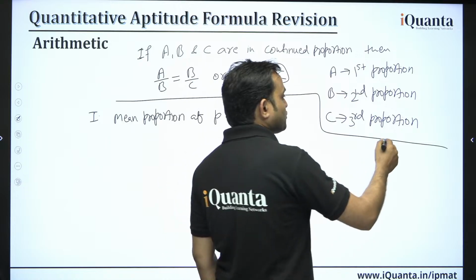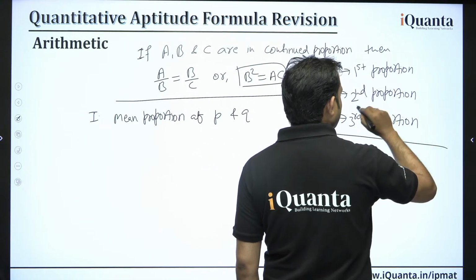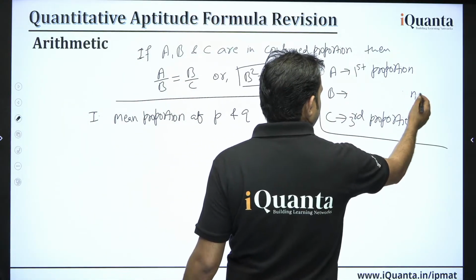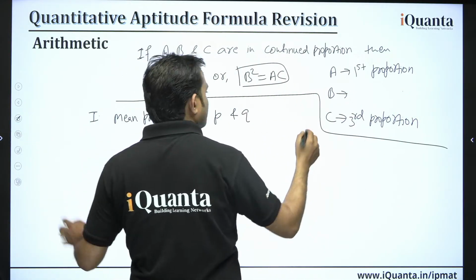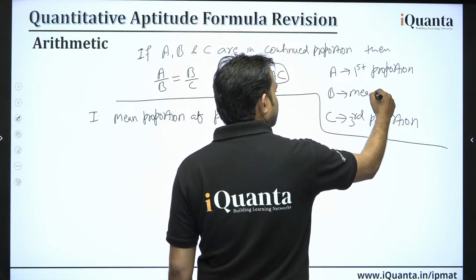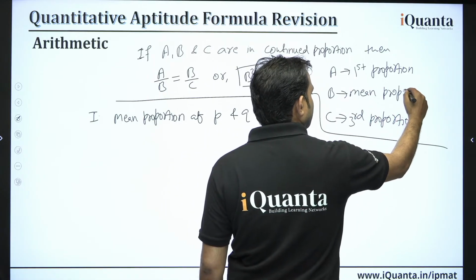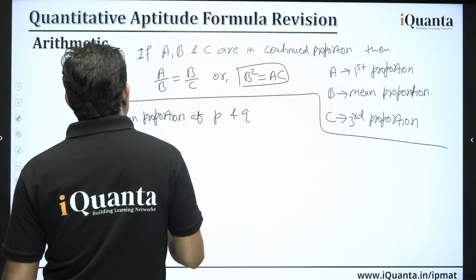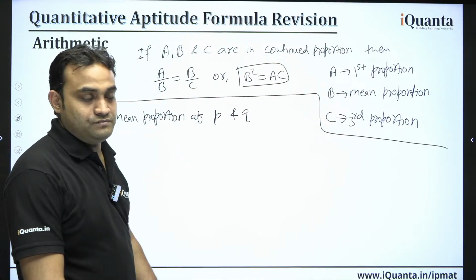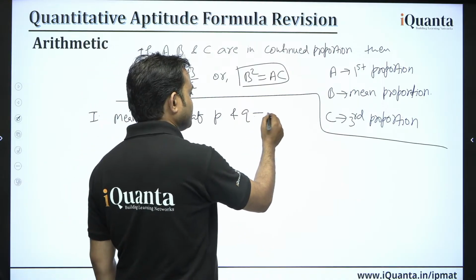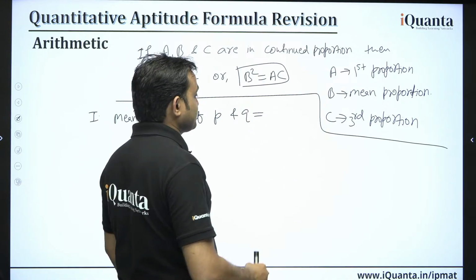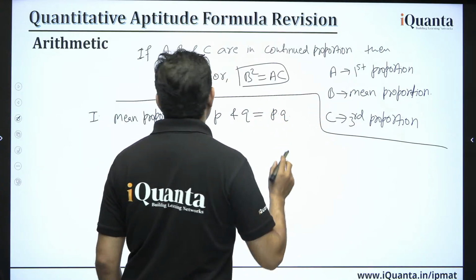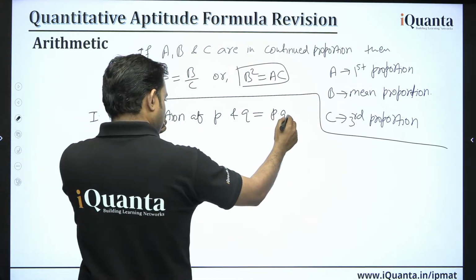So second proportion, or we also call it mean proportion. Mean proportion is more popular, so let's write it down as mean proportion only. It says mean proportion of P and Q will be equal to P into Q, PQ.